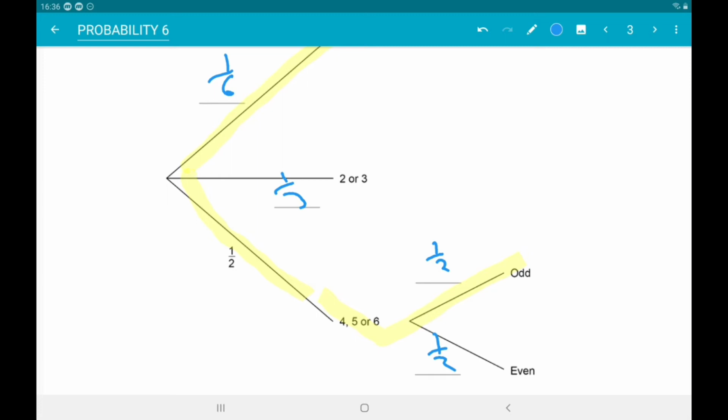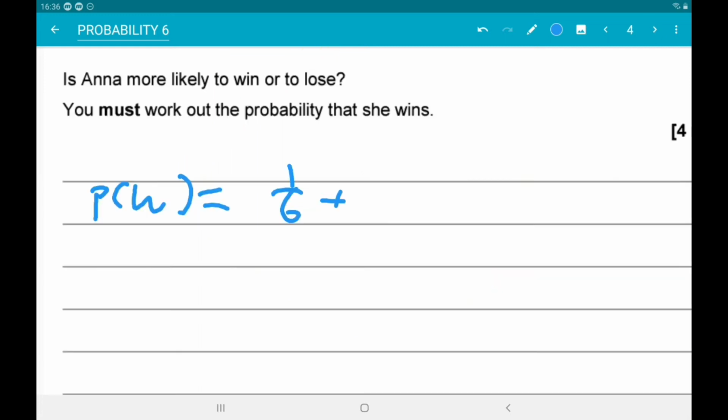So this is add 1/2 times 1/2. So that is 1/6 and 1/4.